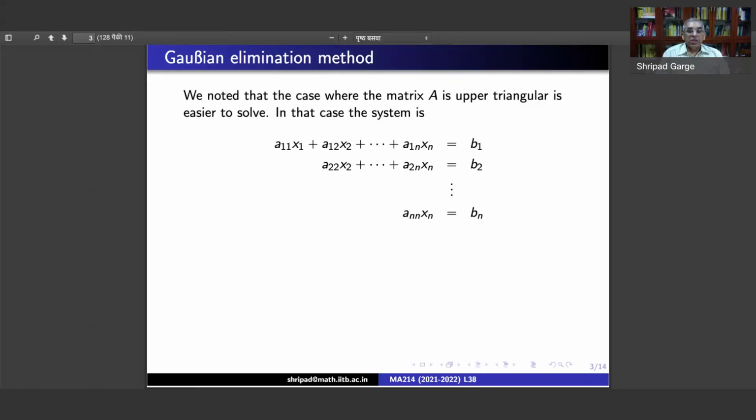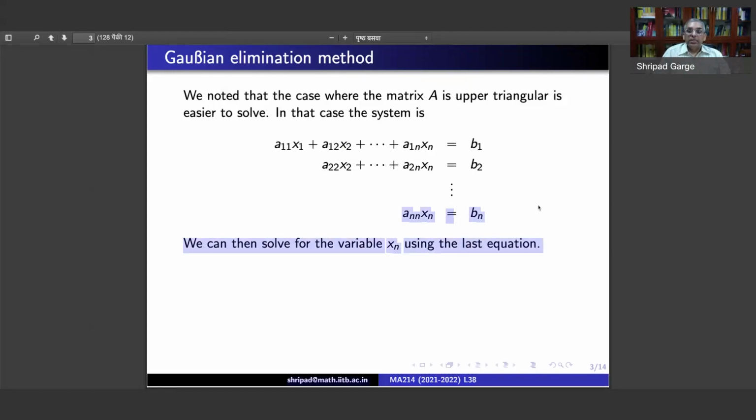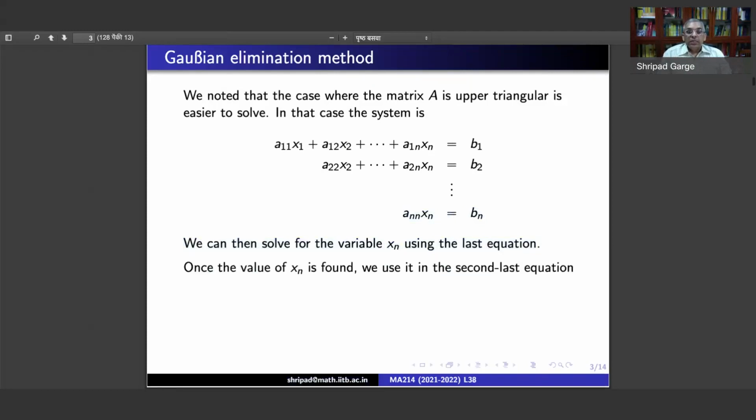And then we can solve first of all for xn using the last equation. You just divide by a_nn, and that will give you the value of xn. Once xn is found, we will use it in the second last equation, which is a_(n-1)(n-1) x_(n-1) plus a_(n-1)n xn equal to b_(n-1).